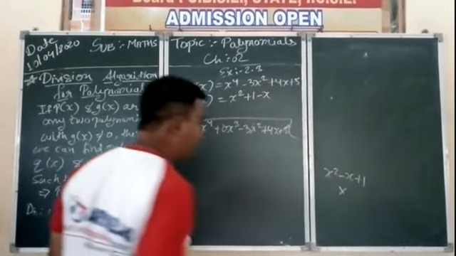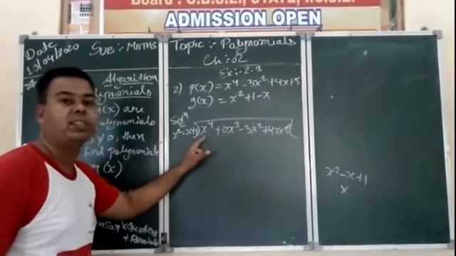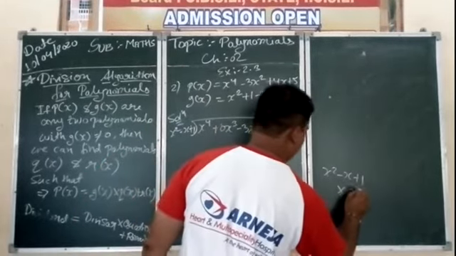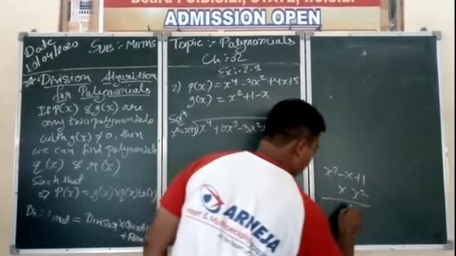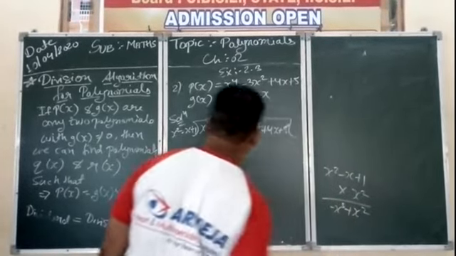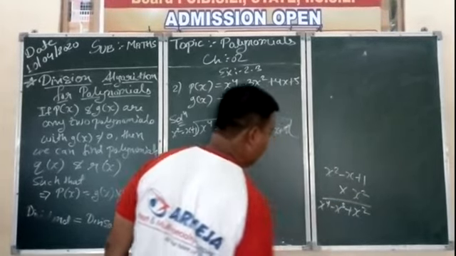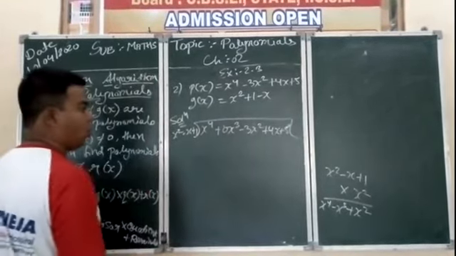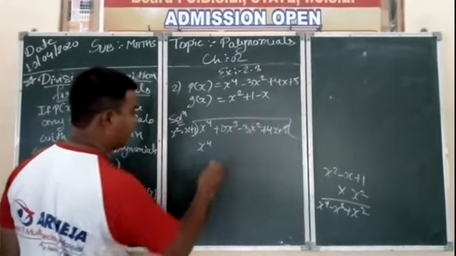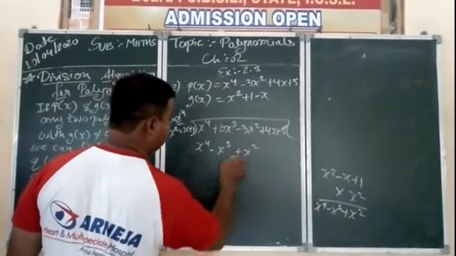This equation is multiplied by which term to get the first term s raised to the 4? We multiply by s square, which gives s raised to the 4 minus s cube plus s square.